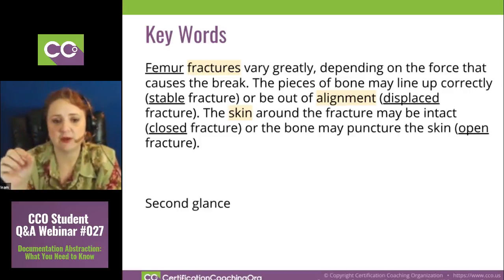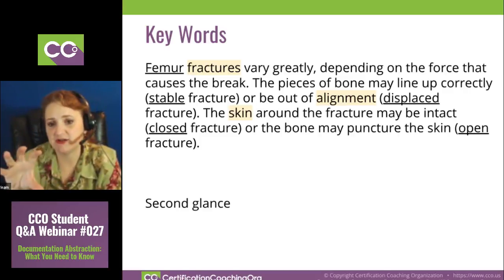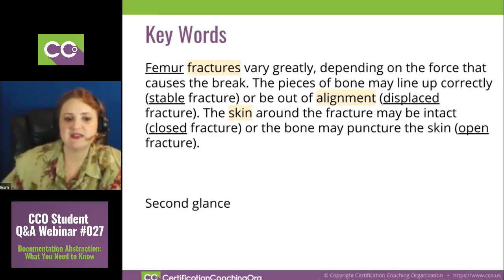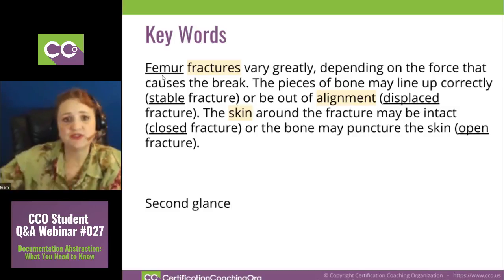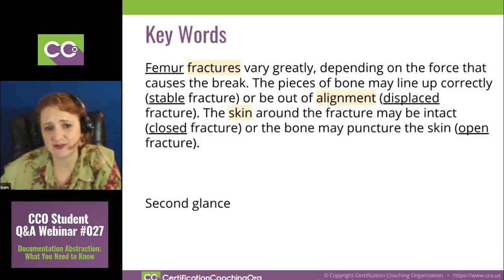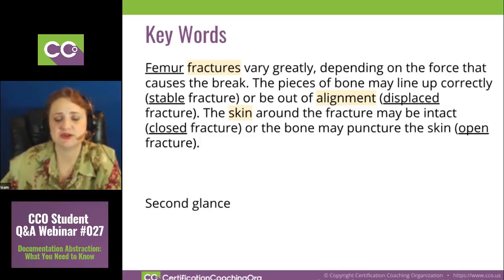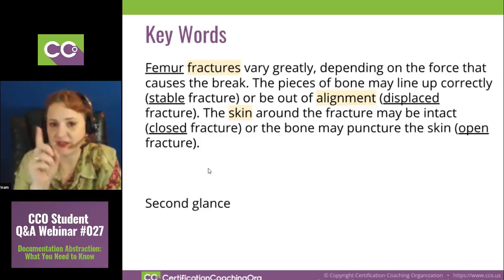Now, is there something maybe at a higher detail that you didn't know about that? Maybe. But with just this little paragraph right there, that's all you need to know. And if you already know it's femur fractures, but you already have the knowledge about stable, displaced, closed, and open, you're done. Why even look at that paragraph? You already know the information, so don't waste your time. Now, if you're abstracting for a reason, okay.